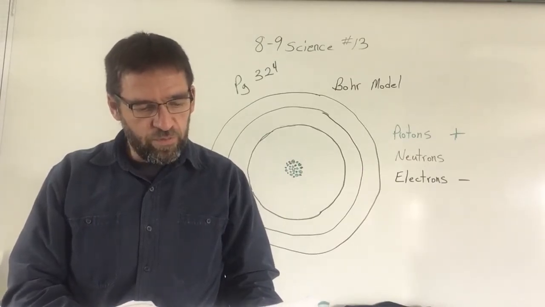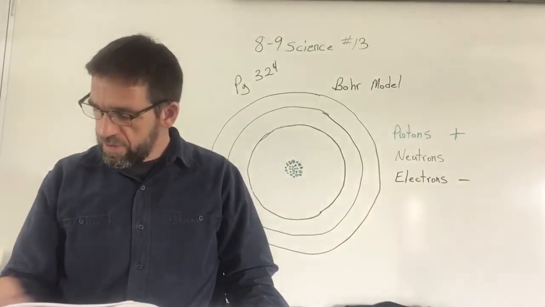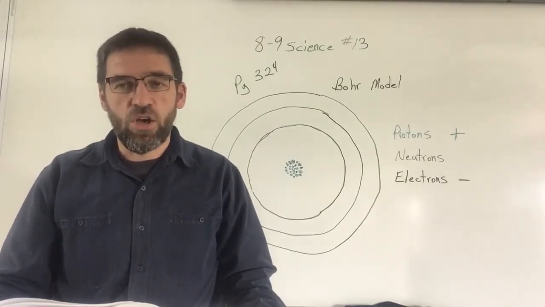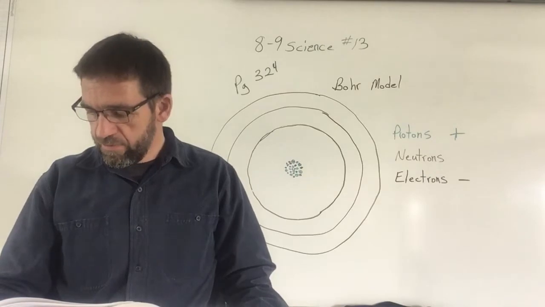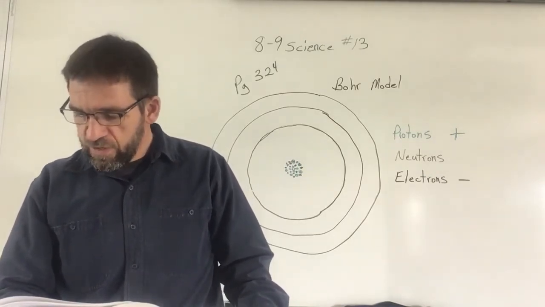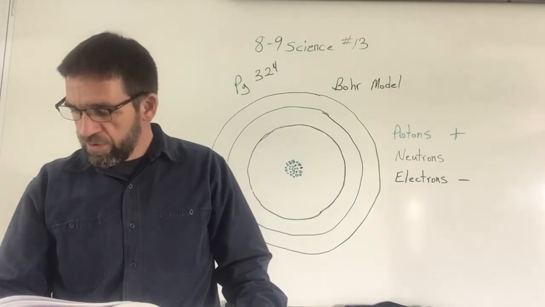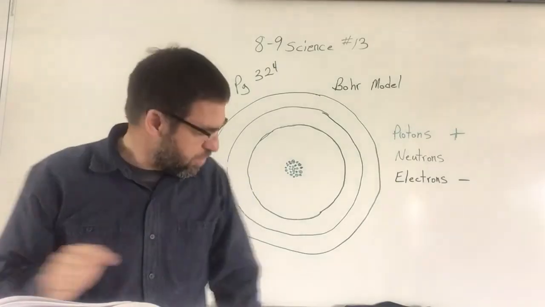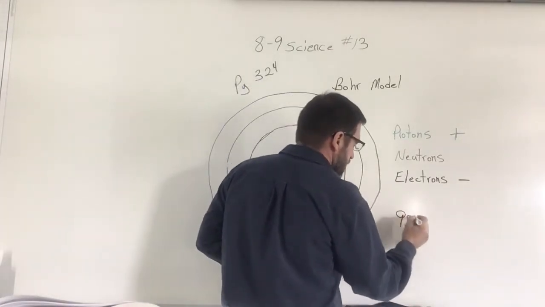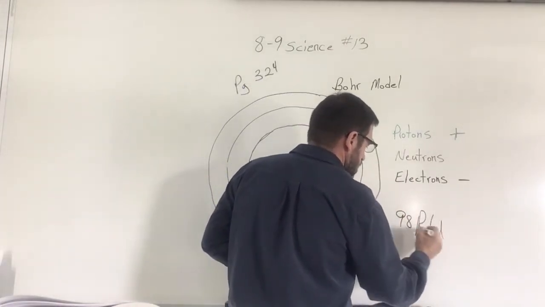Next one, number 15. Okay, again, it asks the question. You should have had 125 Xe. Maybe I should be writing these on the board. Oh yeah, that was 14A and 14B. 14A is 98 Ru.